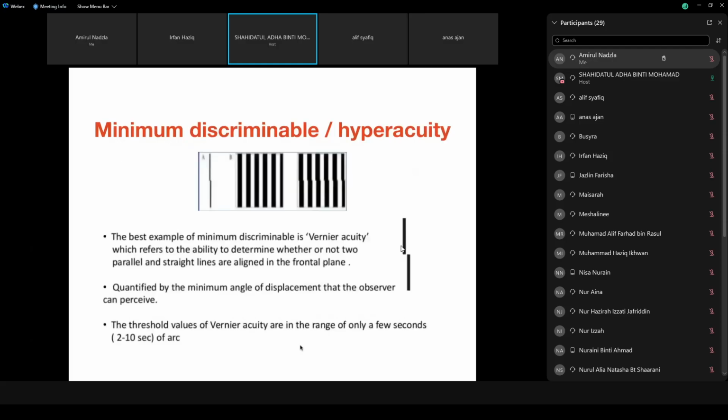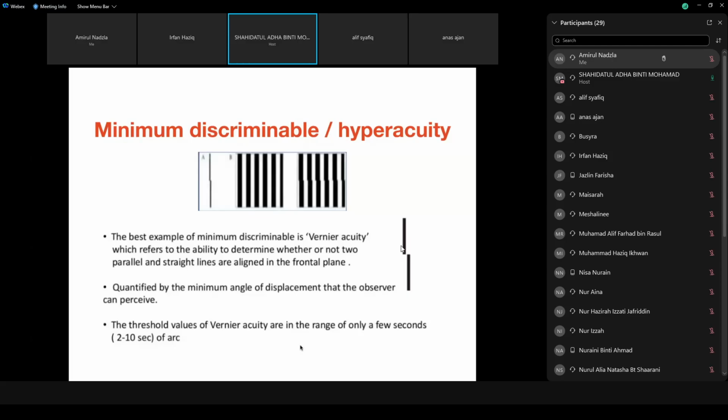And the last one is the minimum discriminable or hyperacuity. So it is the best example. The best example is the vernier acuity, in which it refers to the ability of the eye to determine whether two parallel straight lines align together or not, whether they are connected or not.